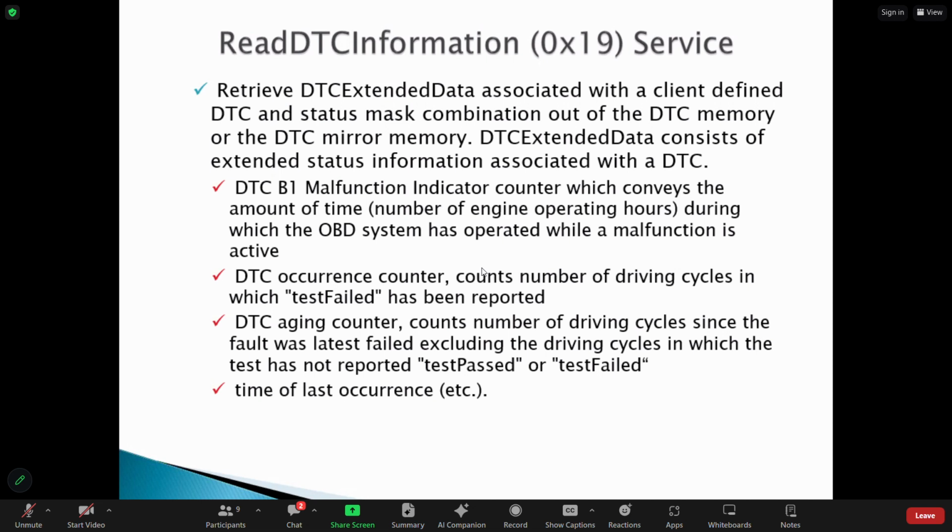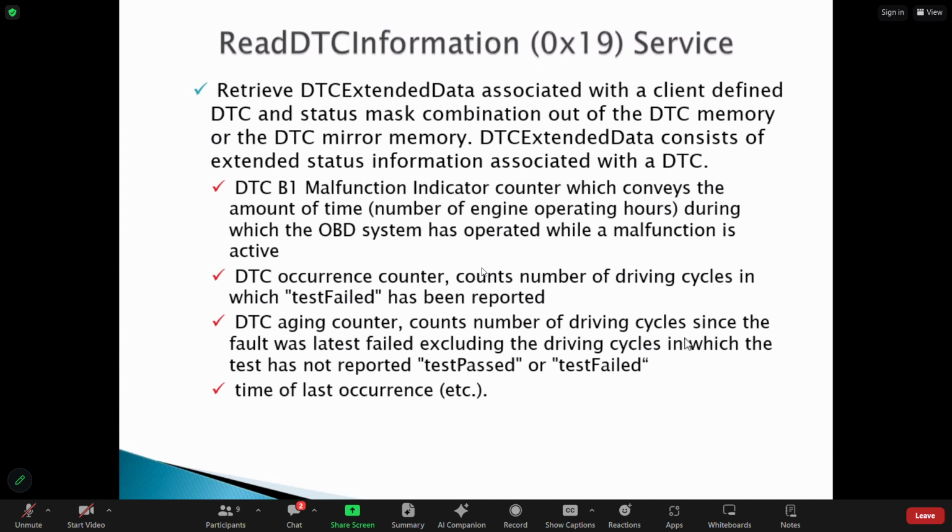Now, the second point, DTC occurrence counter. As I told, it counts the number of driving cycles in which the test failed has been reported. Understood? So occurrence counter means how many times that DTC occurred in the driving cycle, meaning ignition on and off. The third point is DTC aging counter.